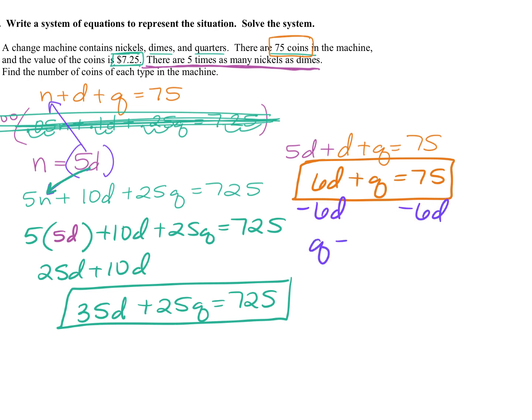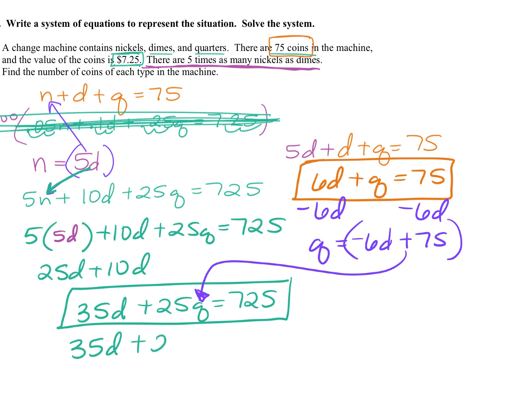So Q is equal to negative 6D plus 75. So we're going to take that and drop it in right here. So it's going to be 35D plus 25 times our Q equals 725, and our Q is negative 6D plus 75.